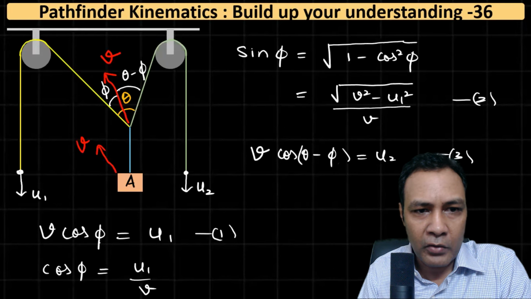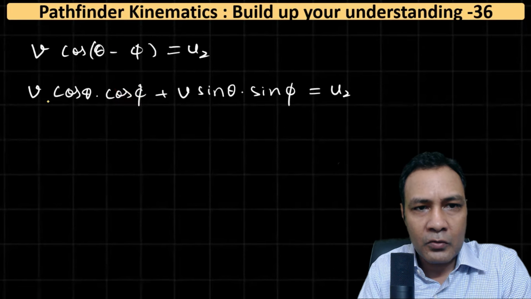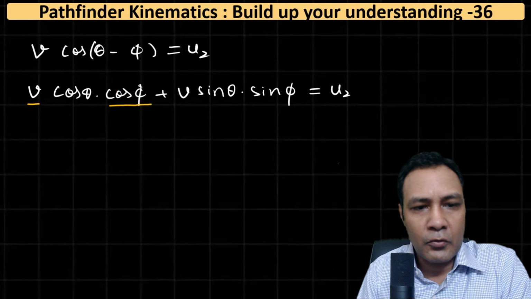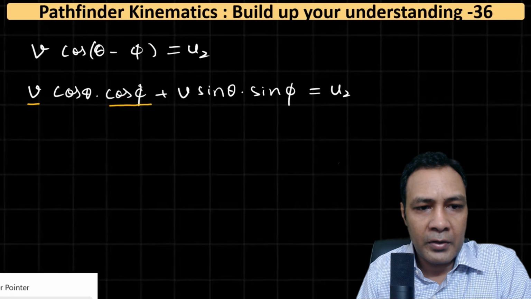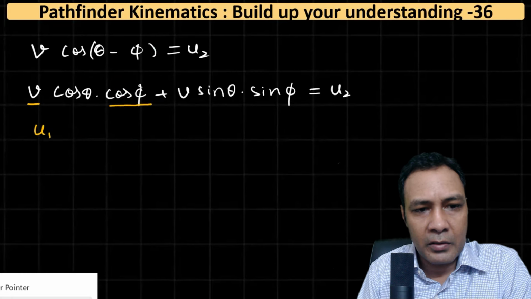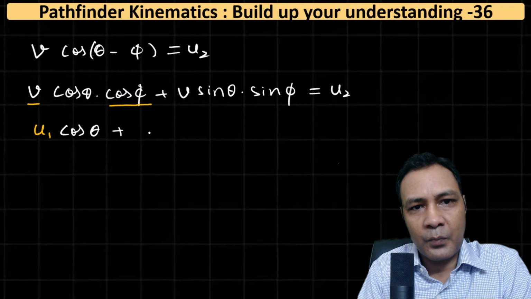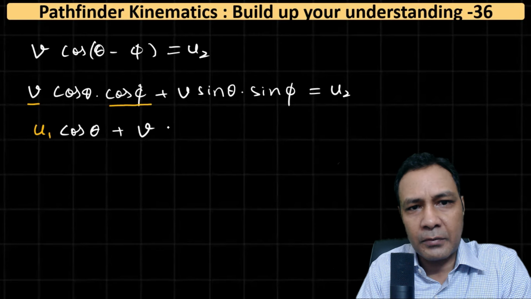From here, v cos phi is equal to u1, I will use. So in place of this, I will write u1 cos theta, plus v sin theta times sin phi.